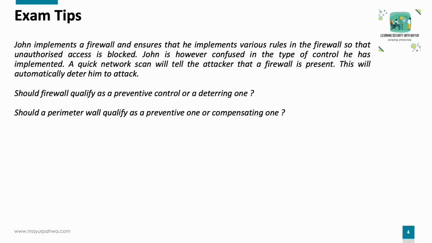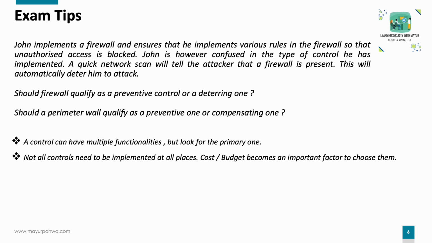We are at the end of the video, but it's good to leave with some exam tips. Different types of controls and their different types of functionalities. What should a security professional do? If you are in the same dilemma as John in the scenario, always remember a simple hack. What is the primary functionality of the control that you have implemented? A firewall prevents unauthorized traffic from entering.